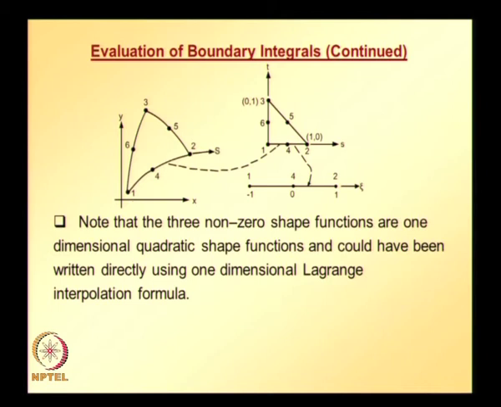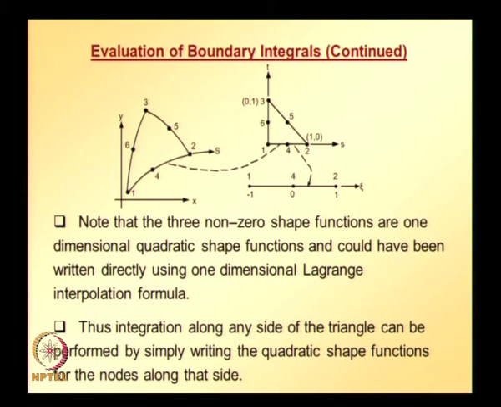So, the non-zero shape functions are the ones lying on that particular side or edge. Thus, integration along any side of the triangle can be performed by simply writing quadratic shape functions for the nodes along that side.